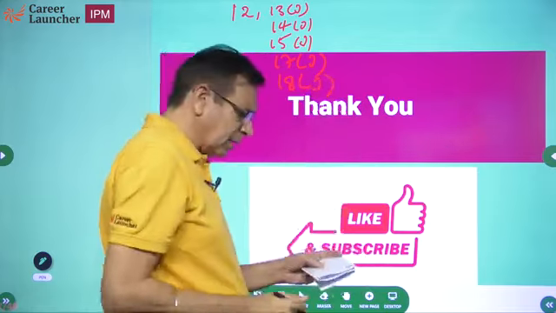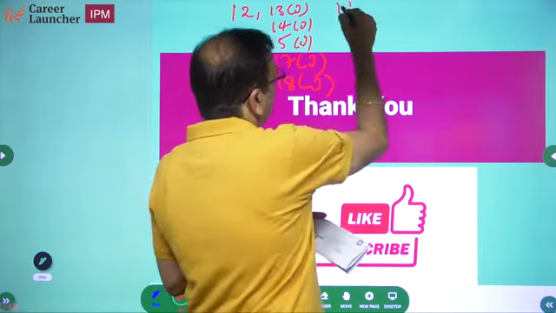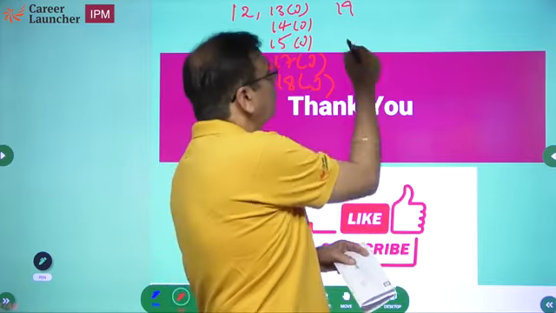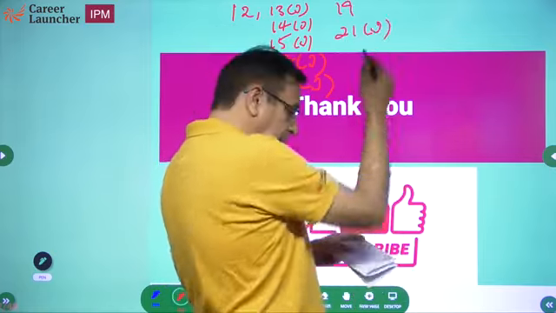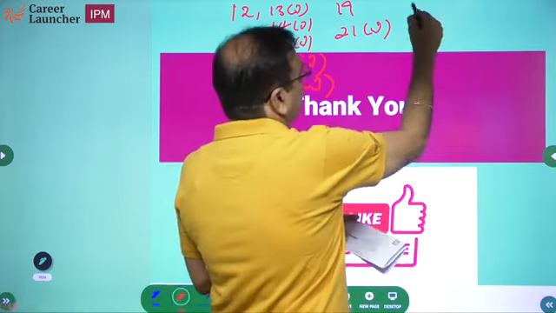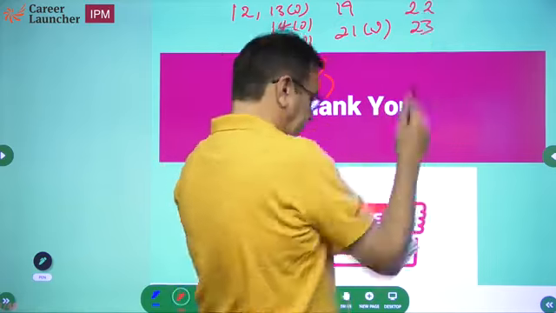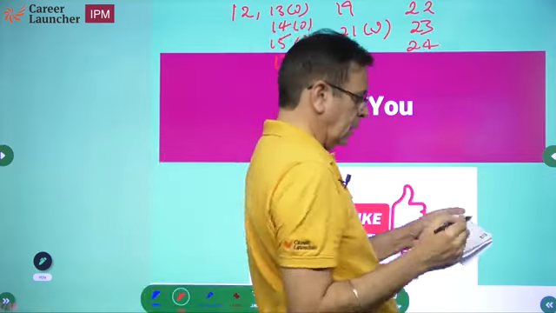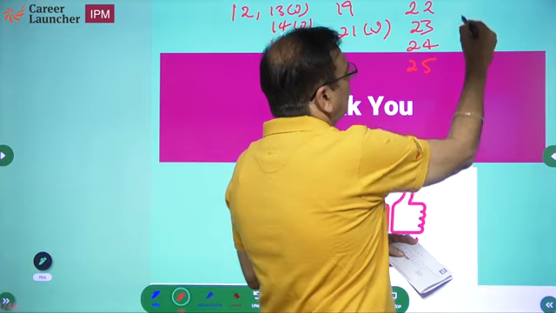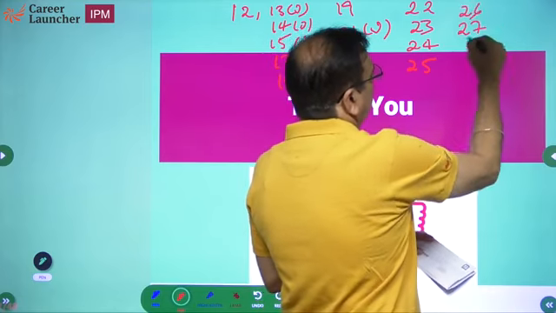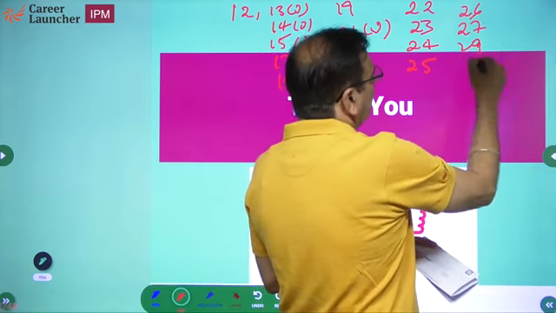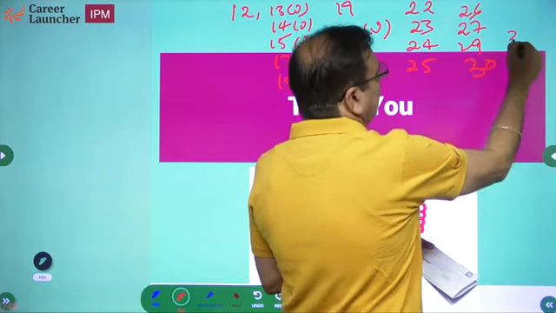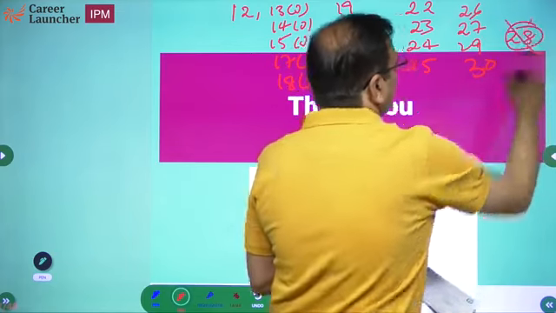So many jugaad questions. 19, we solved. 20 we skipped because it was a question which most of you will have a problem. 21 again a jugaad. Then 22, 23, 24, and 25, and then 26, 27, 28 we said we will not do, 29 and 30. 28 I said it's that difficult calculation we will not do.